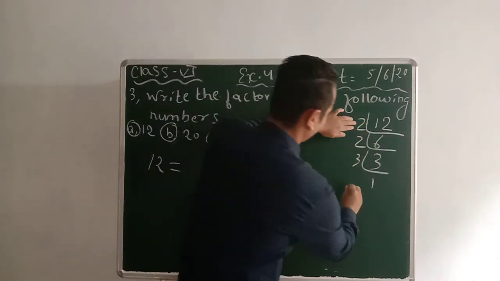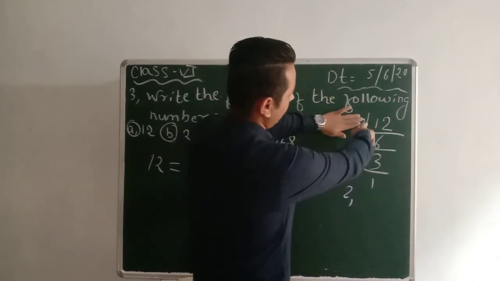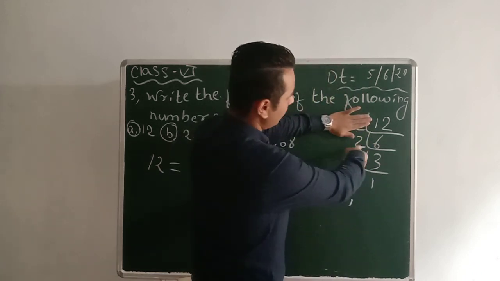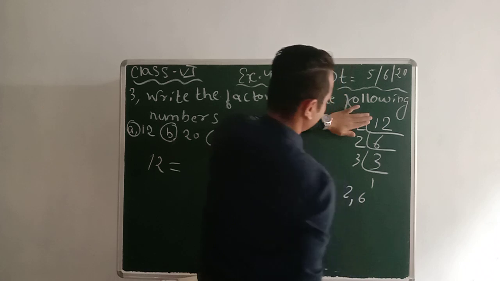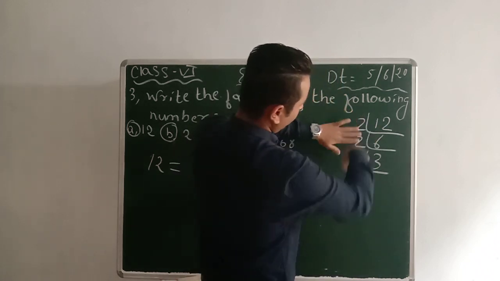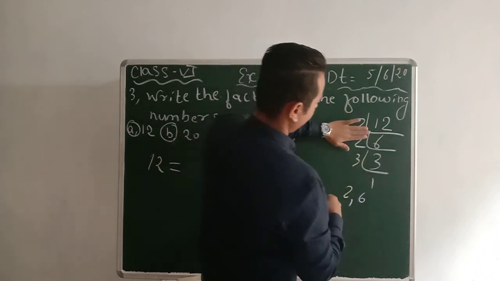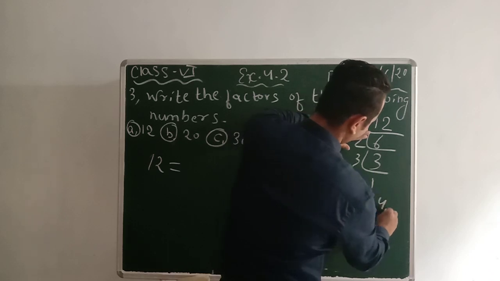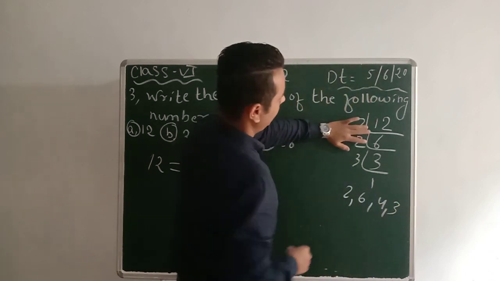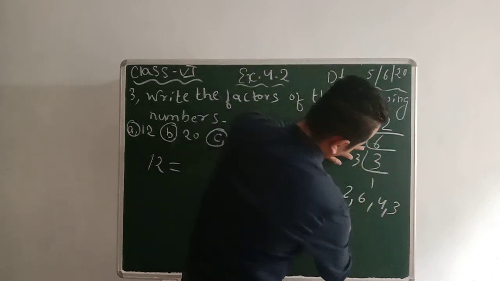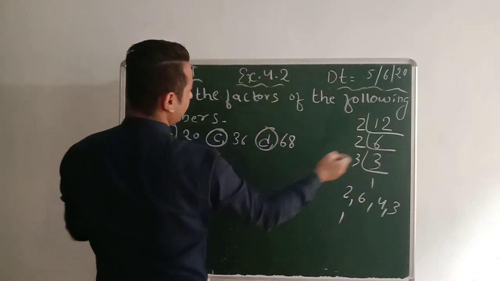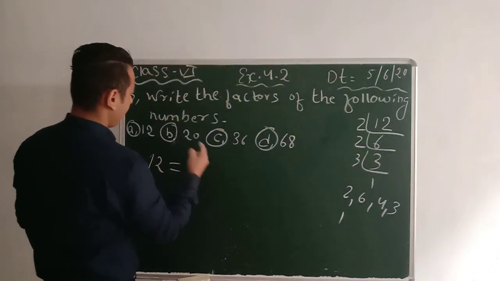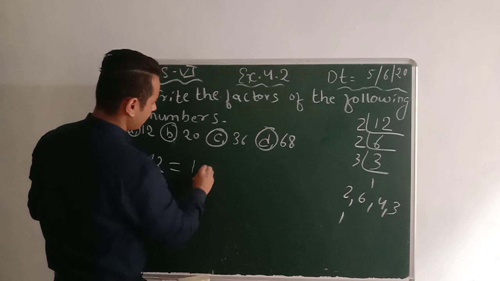If you take 2, then remaining will be 6. If you take 2 2s, that means 4, then remaining will be 3, that means 4 and 3. And at last 1 is the factor of all the numbers.